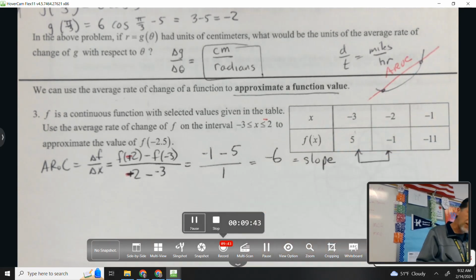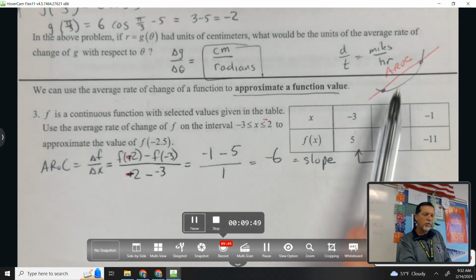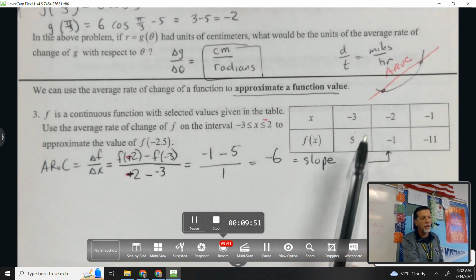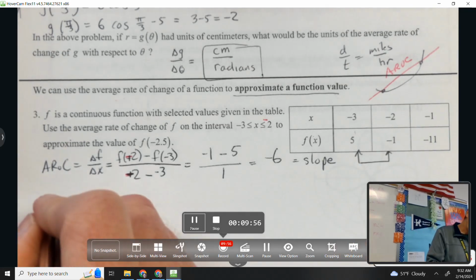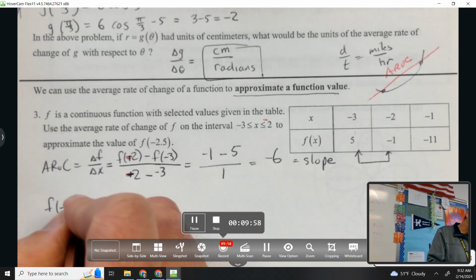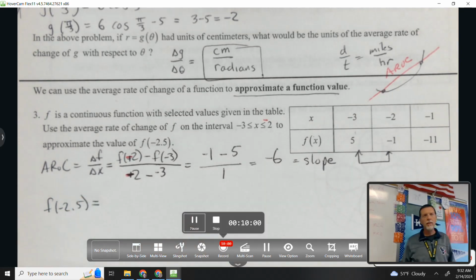Again, that's the same thing as the average rate of change. That's the slope. That's not my answer, though. My answer is if I use that slope to get from negative 3 toward negative 2.5, so f of negative 2.5, let's see.